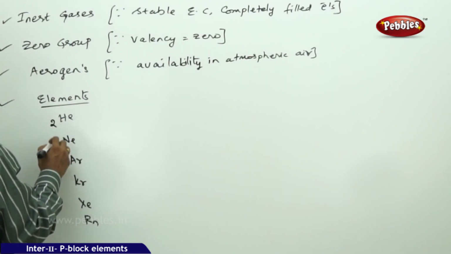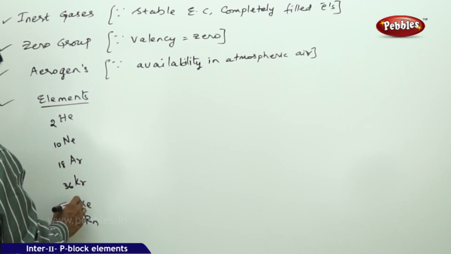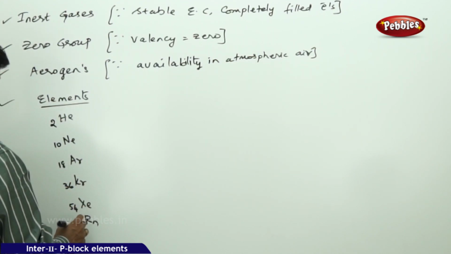So helium atomic number is 2, neon 10, argon 18, then krypton 36, xenon 54, and radon 54 plus 32, 86.